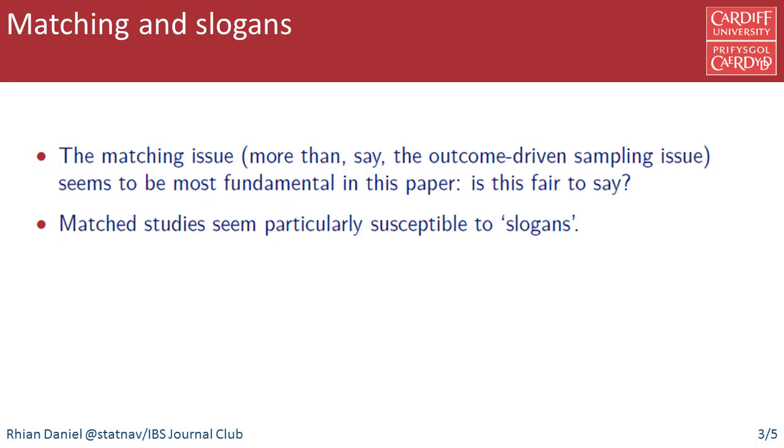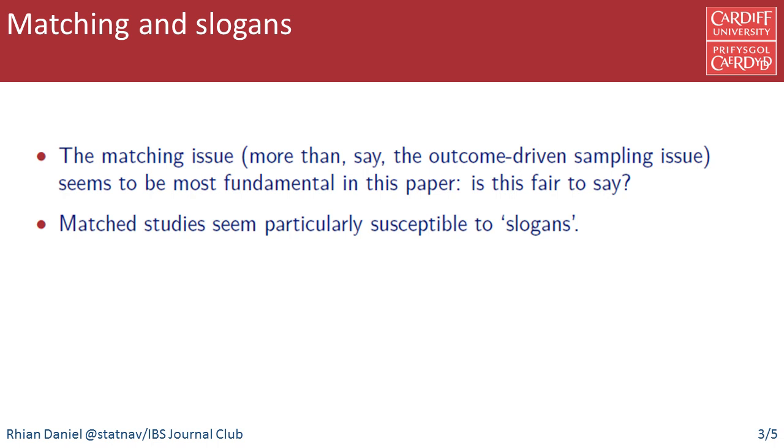So yes, as I said, it seemed to me that matching was the issue that really needed special attention here, rather than the fact that a case control study is an outcome-driven sampling design. I may be wrong there, so I think my first question would be, is this a fair summary of the situation? My feeling is that matched studies often seem to be susceptible to slogans.